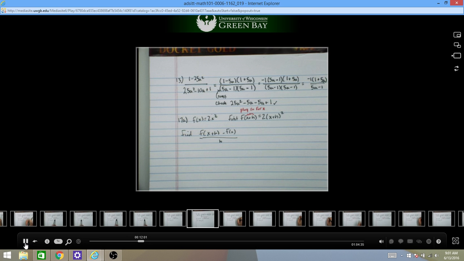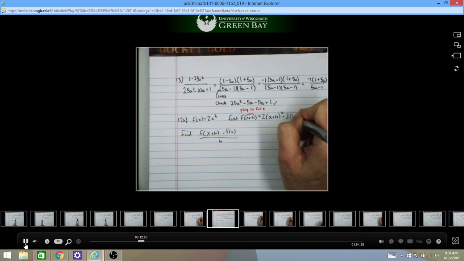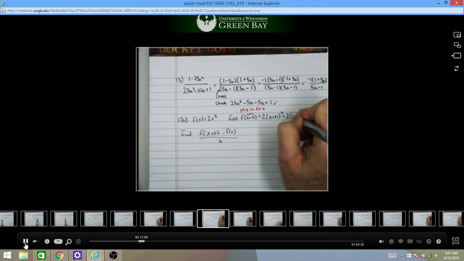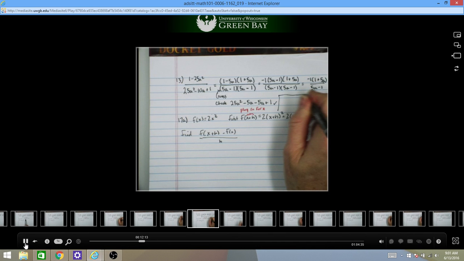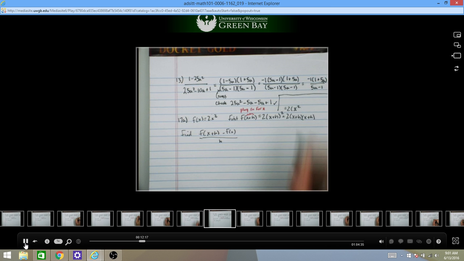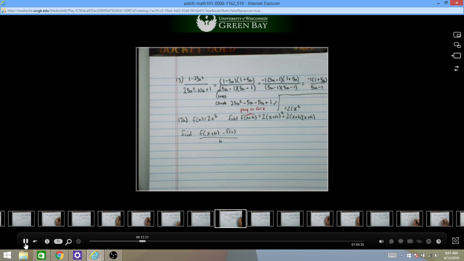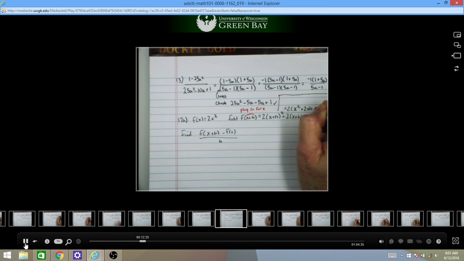Okay, so let's see what that looks like then. X plus h times x plus h. It got kind of crowded, so I'll go up. So first terms would be x squared, and the inners and outer terms would each be xh. So there's 2 xh's, one from the inners and one from the outers. And then last would be h squared. So we're multiplying out using FOIL.